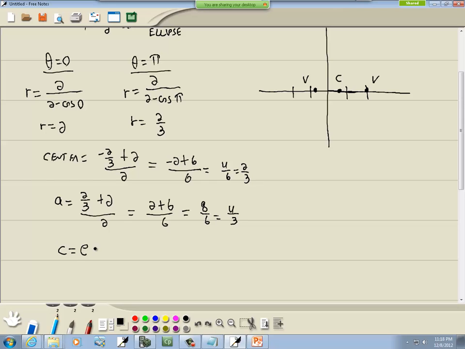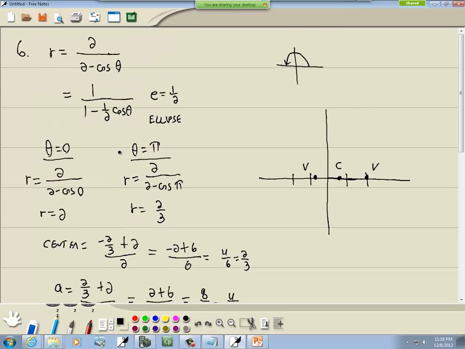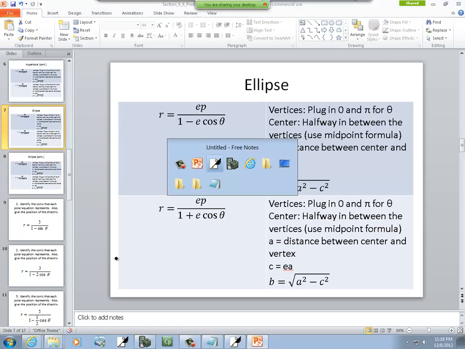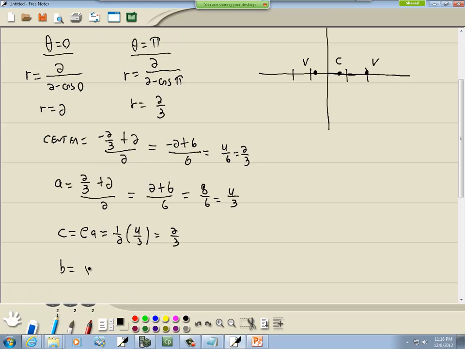c is equal to e times a. Well, e is 1/2 times a, which we just said was 4/3. So that gives us 2/3. b is equal to the square root of a squared minus c squared.